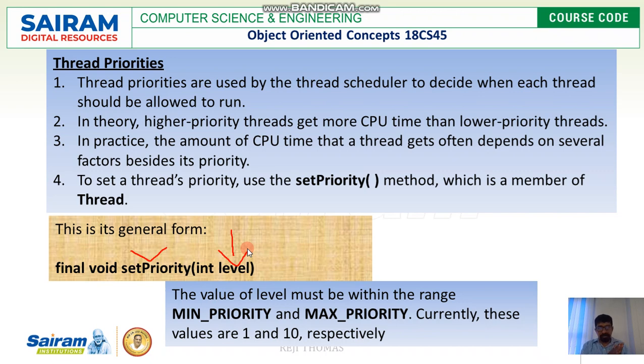The minimum priority is 1 and the maximum is 10. Let me repeat, the higher priority thread gets more CPU time than the lower priority thread, and if you set your thread to maximum priority, that thread is going to get the maximum CPU time.